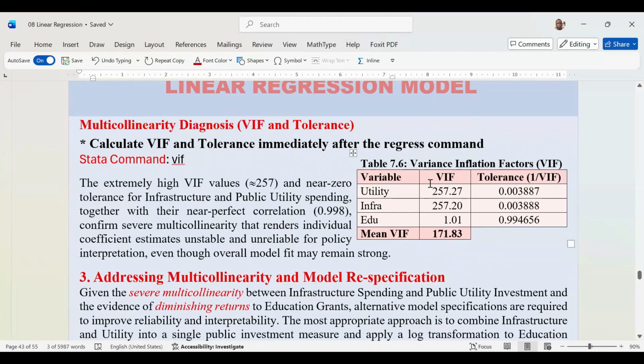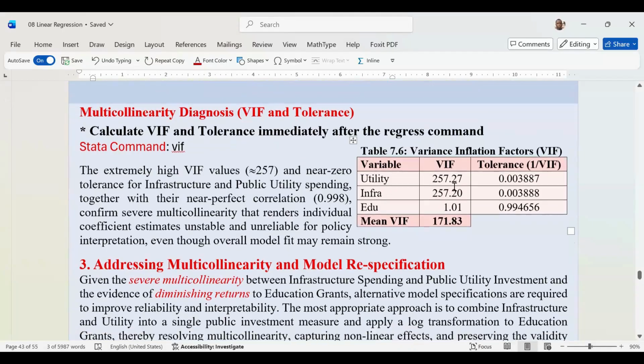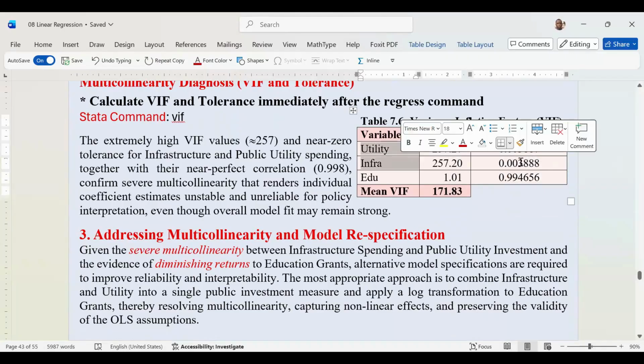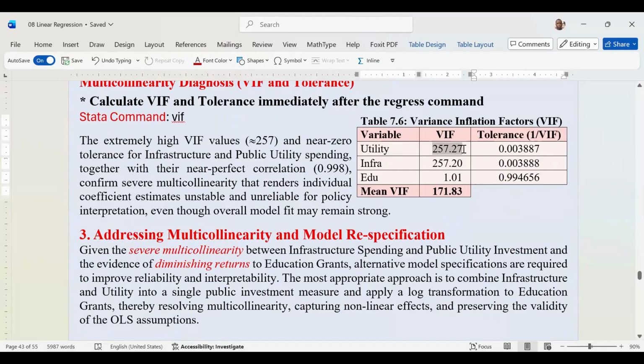Then I did the variance inflation factor. And it gave us an average of 171. And you can see utility is inflated. I told you when it's bigger than 10, it means that variable is inflated in your model.